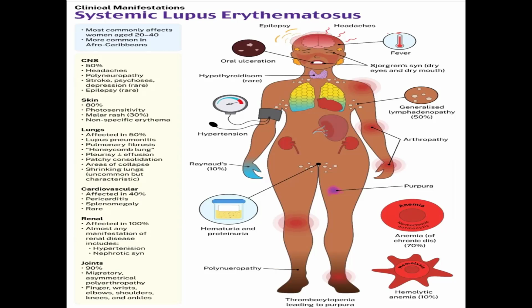They're basically migratory and asymmetrical polyarthropathy, affecting the fingers, wrists, elbows, shoulders, knees, and ankles. Also, there are manifestations of anemia of chronic disease and hemolytic anemia in 10% of the cases.